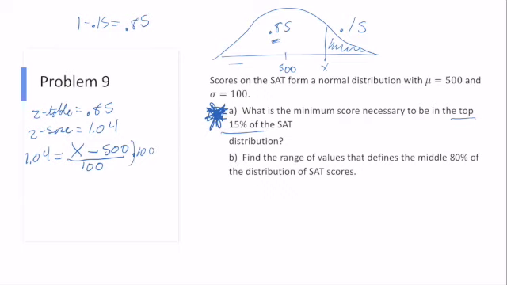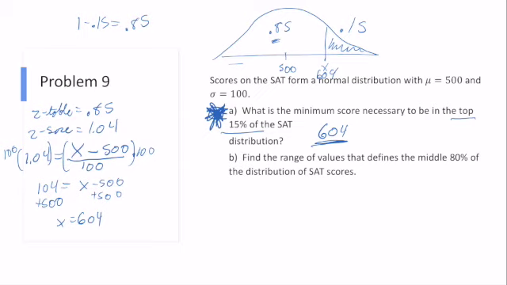That's what we do to get our x all by itself. That gives me 104 equals x minus 500. I add 500 to both sides. That gives me x equals 604. So a score of 604 would be your minimum score necessary to be in the top 15%.